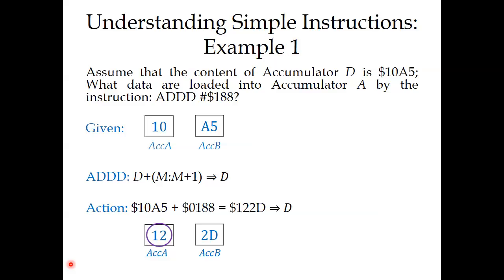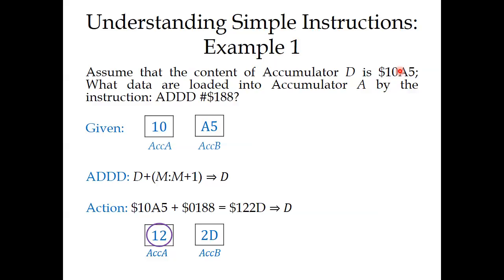Now let's look at some interesting examples here, which are beyond load and store instructions. Okay. Now let's say we are given the content of accumulator D, which is 10A5. This is given.